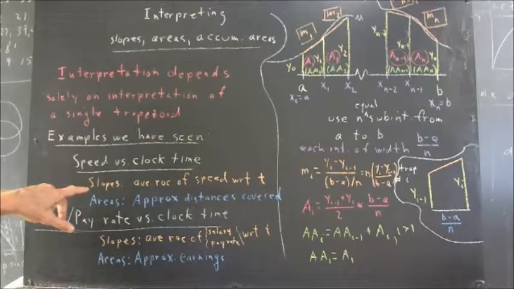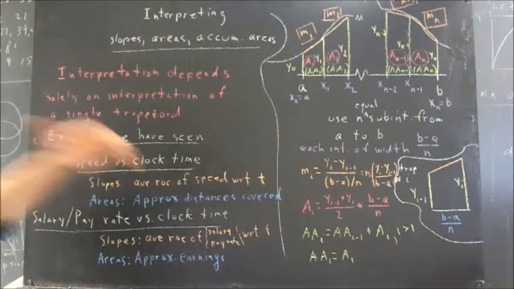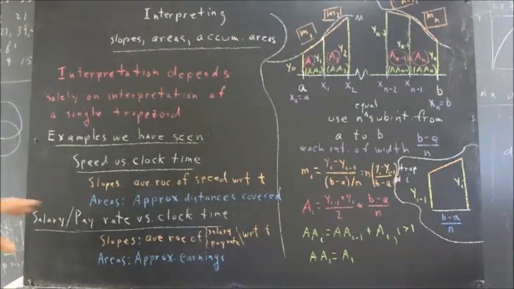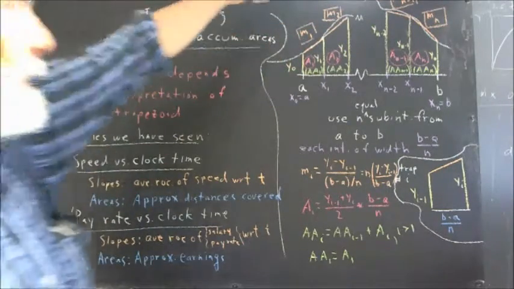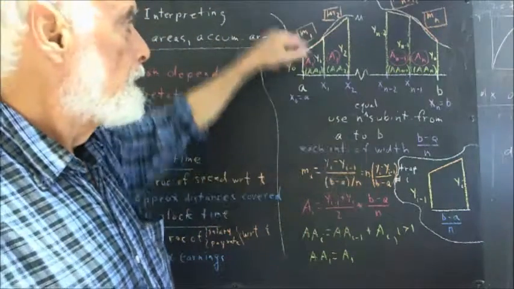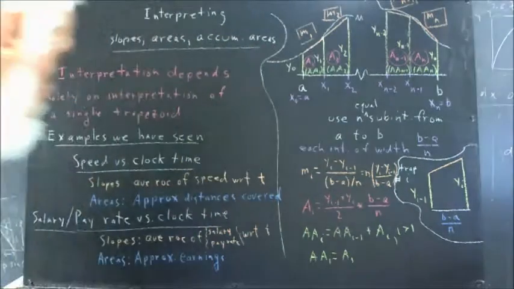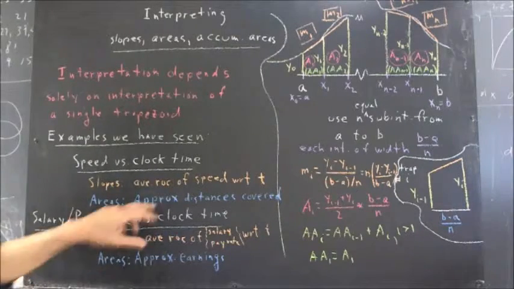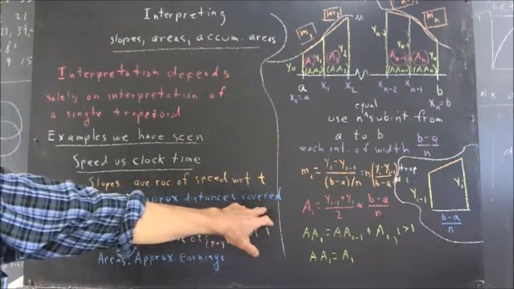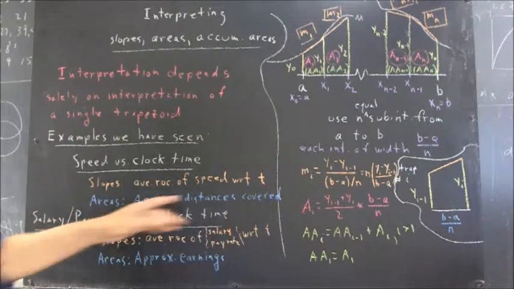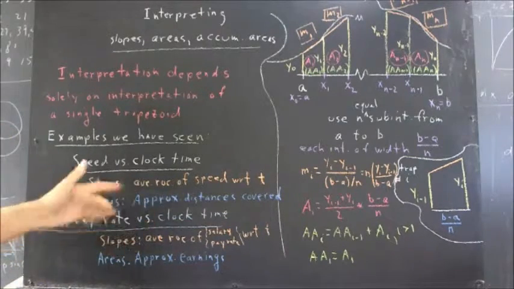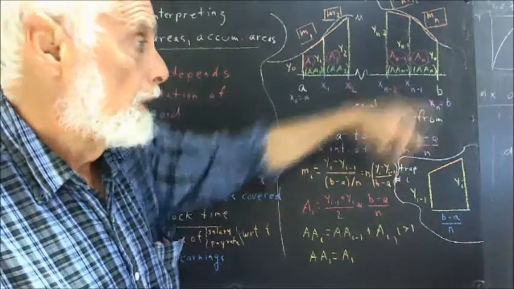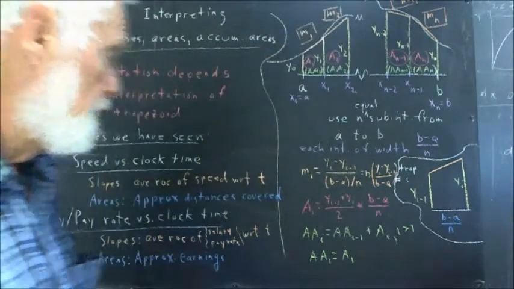If you have a bunch of trapezoids, each of these slopes will represent an average speed over the corresponding interval. The areas represent approximate distances covered. So the area of an individual trapezoid represents the distance covered for that trapezoid. Each trapezoid in a graph would represent a distance covered.